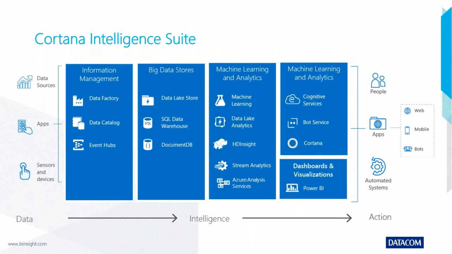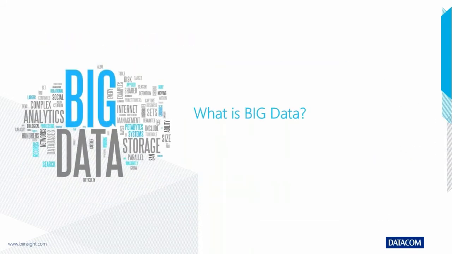Cortana Intelligence Suite contains four main areas: information management, big data stores, machine learning and analytics, and dashboards and data visualization. Let's start with some basic concepts first.